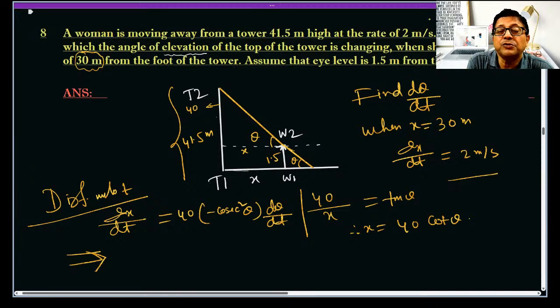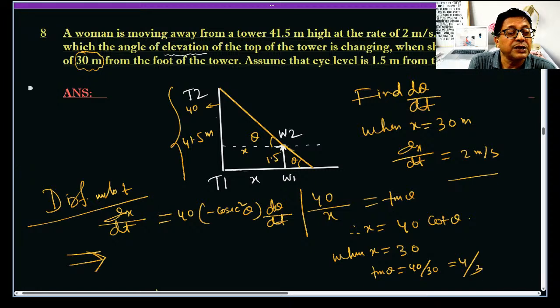Now is this relation enough to find d theta by dt? Everything is given over there. When x equal to 30, tan theta value is what? 40 by 30, 4 by 3.